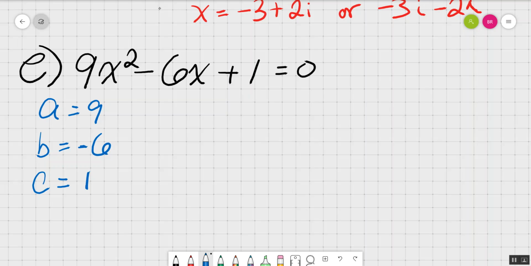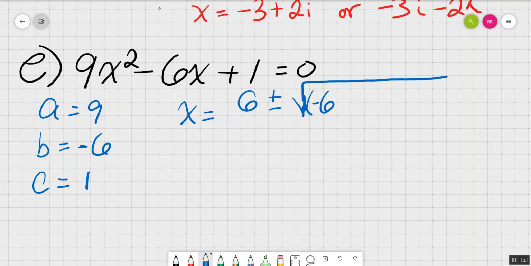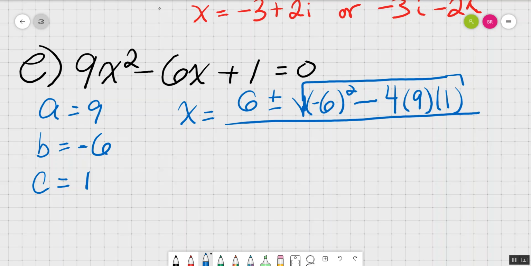Let's see where this one goes. One thing that's nice about this one is I haven't done it ahead of time, so we'll see what happens. Alright, opposite of a negative 6 will be a positive 6, plus or minus the square root of b squared, so negative 6 and then square it, minus 4ac, all over 2 times a.